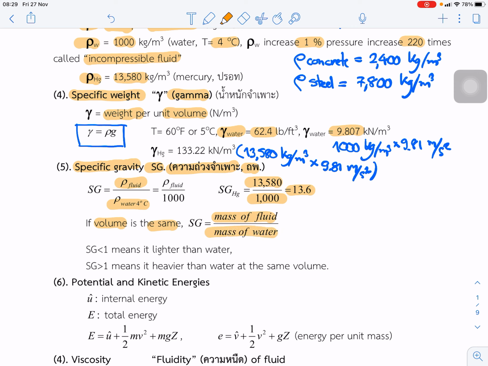If the volume of the fluid is the same, we can use the mass of the fluid divided by the mass of water. So we can say that Sg is equal to the density of mercury divided by the density of water.